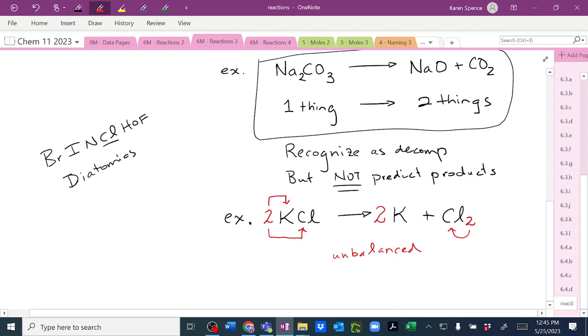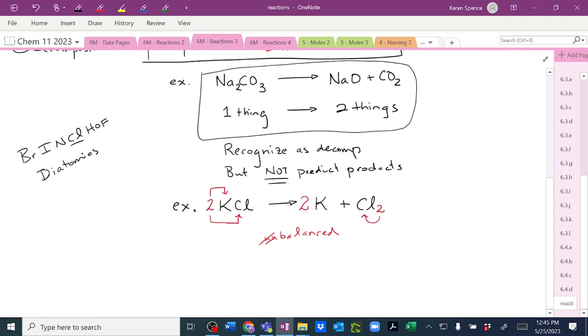Don't worry if you're like, you expect me to just know how to balance? It's okay, this is just a preview. Again, we're gonna go through a whole bunch of tips and tricks of how to balance, okay? So we have synthesis, we have decomposition. Now we're balanced.